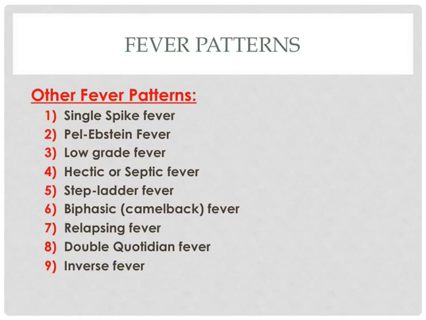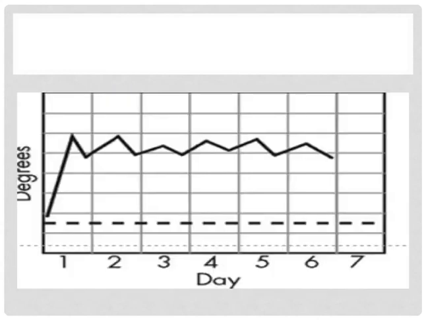Those are the different kinds of patterns associated with specific diseases. And there's always an overlap, like brucellosis can have different kinds of fever, but the hallmark fever with brucellosis is called undulant fever, and we'll see what that is as well.